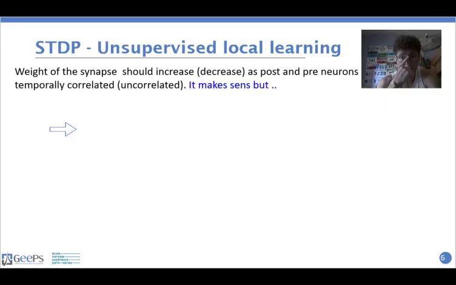So the STDP learning is a local learning rule. Only neurons directly connected together can affect the synaptic strength, and it could make sense because neurons which are separated by several layers would have, at first sight, no reason to affect the synaptic strength, like it is the case in backpropagation.